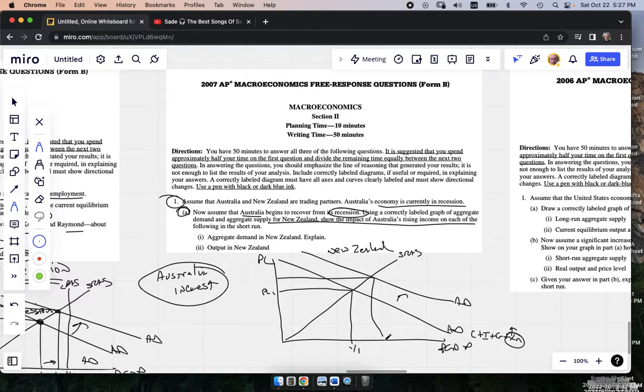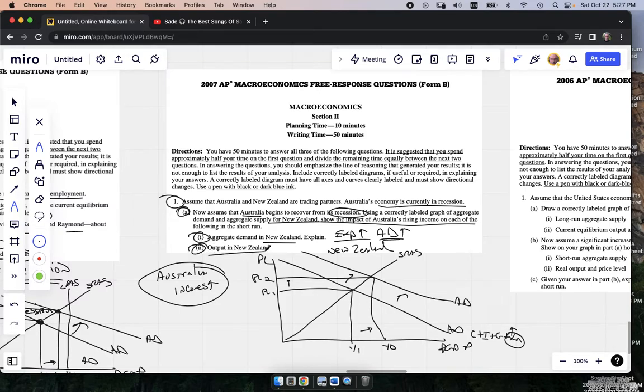Let's do that, PL2, Y2. Let's show some arrows and recognize that aggregate demand in New Zealand is increasing. I would want to explain that as Australian incomes go up, they're going to buy more New Zealand stuff, which means New Zealand's exports increase. If exports go up, I know aggregate demand for New Zealand would go up also, and I can stop there.